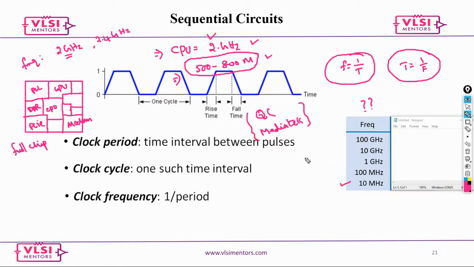So for 10 megahertz, what is your clock period? The formula is what I have given here. You guys can just ping me your answer. Please just ping me the answer.